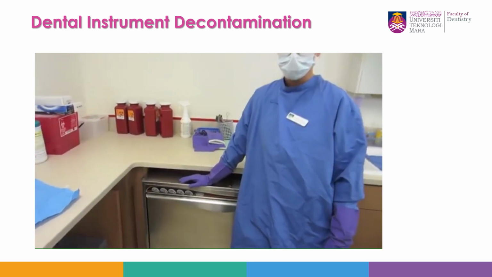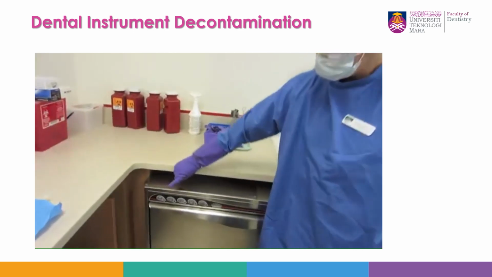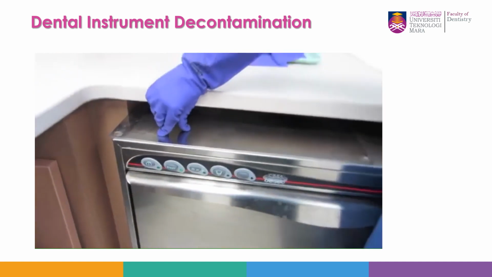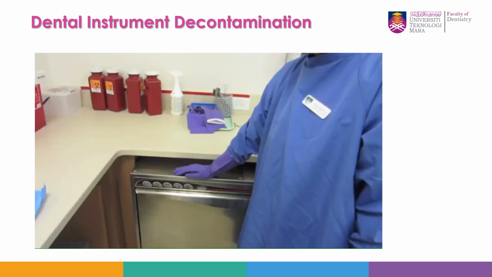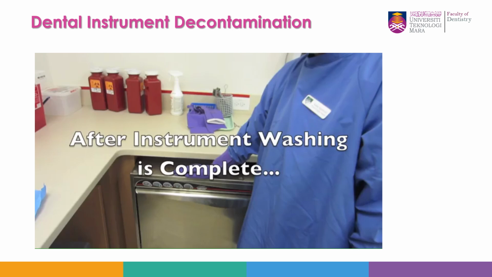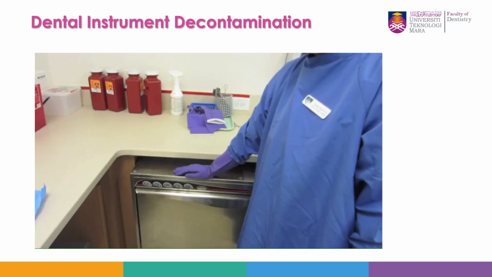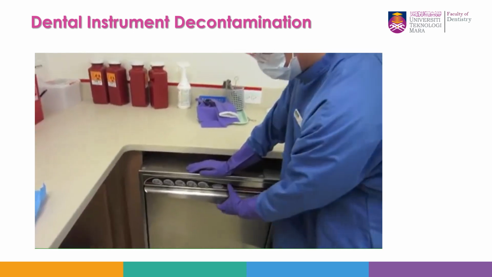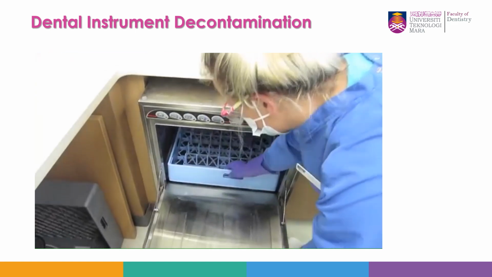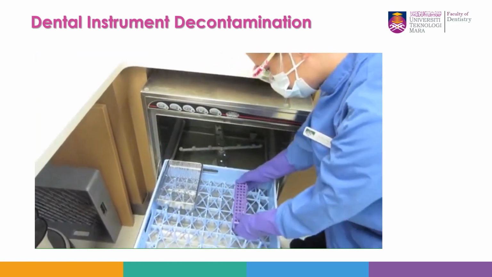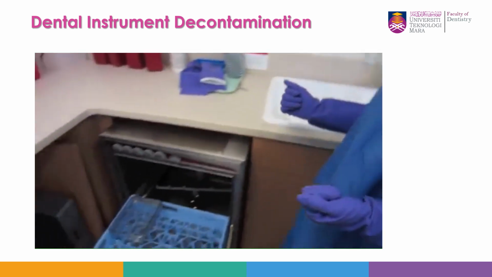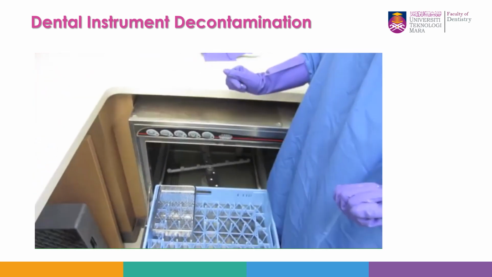When the water level is complete, press the cycle start push button. When the cycle is complete, open the door and remove the cassettes. The washer is now ready for a new wash cycle.